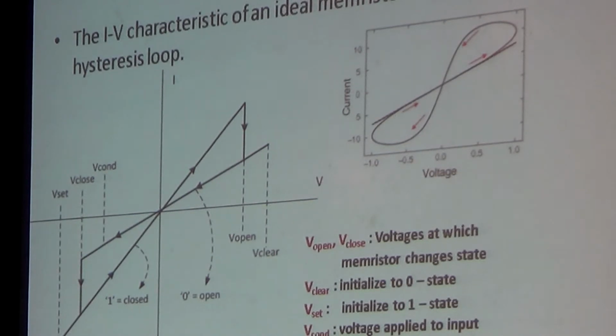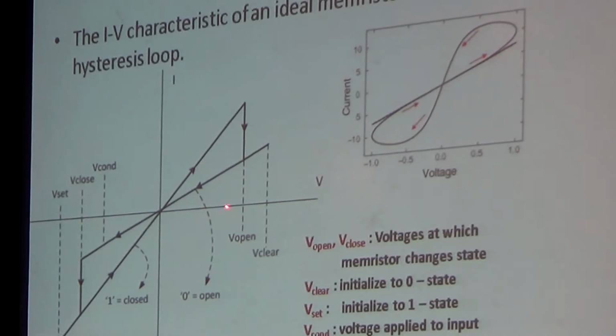So what we see is that this curve has two distinct slopes. The less slanting one corresponds to high resistance, and the other one corresponds to low resistance. So just by applying a suitable voltage, I can switch the device from low resistance to high resistance and vice versa.